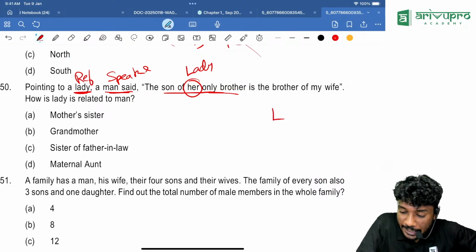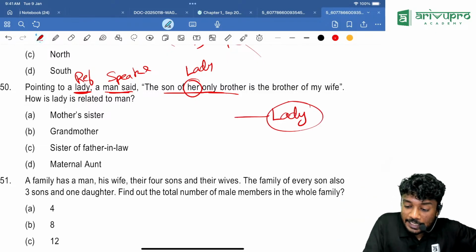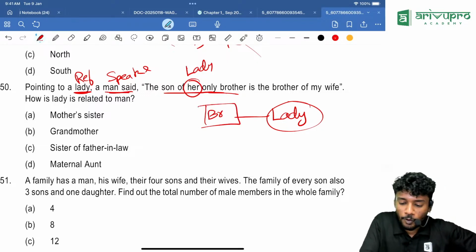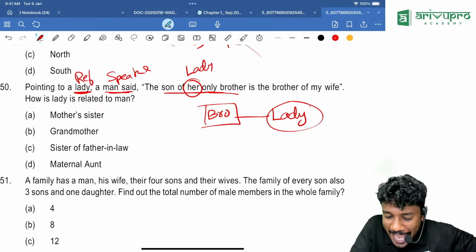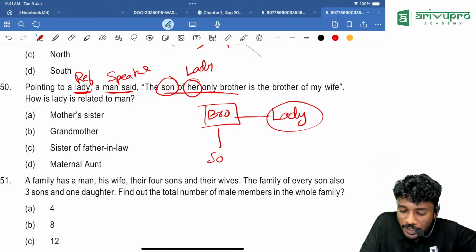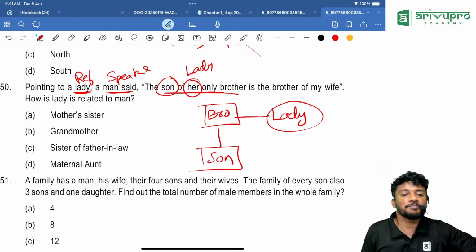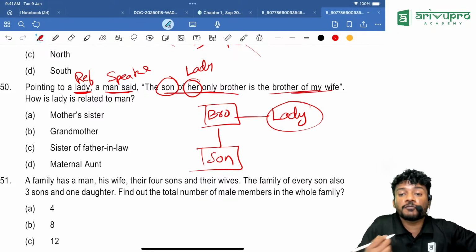That means lady is there. Correct? Then lady has a brother. Correct? A bro is there. Lady has a bro, and bro has a son. That means son is over here. Male or female? Male. Then son of a only bro is the brother of my wife.